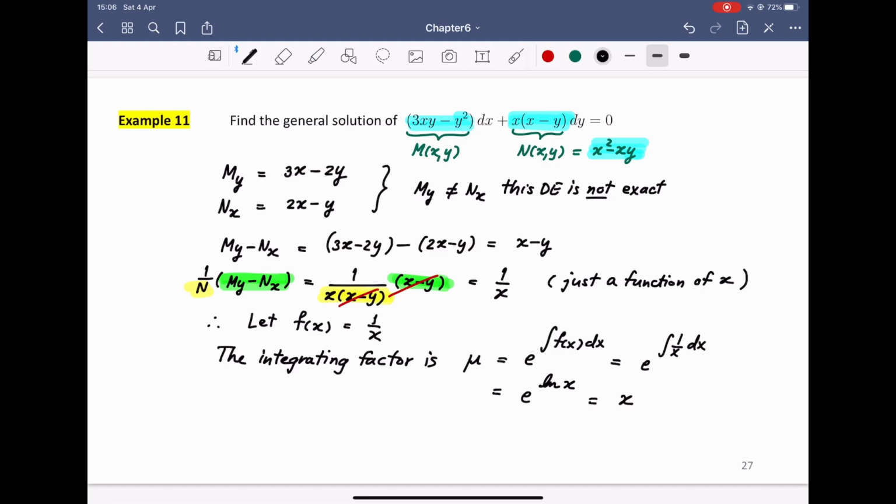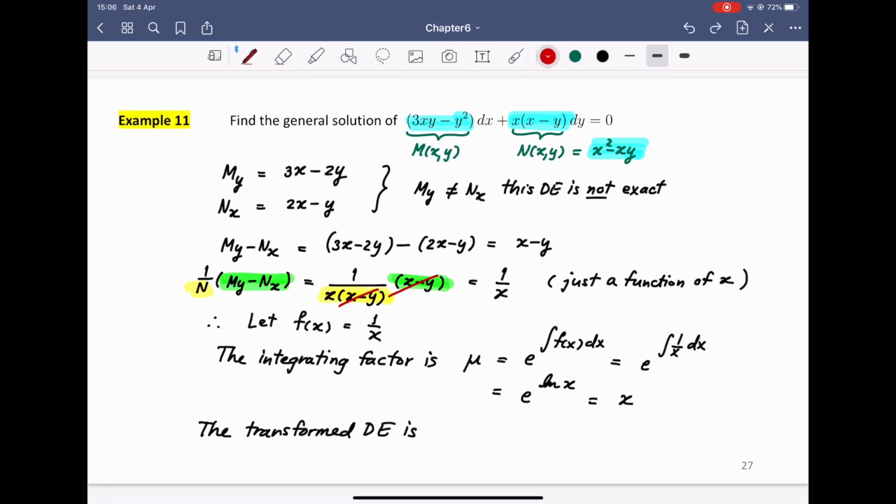So we're going to multiply mu into the original equation, and that will turn the original non-exact differential equation into an exact differential equation. So let's do it. If I multiply the original equation by x, the transformed differential equation is, well, multiply everything by x. Oops, sorry, I forgot x.